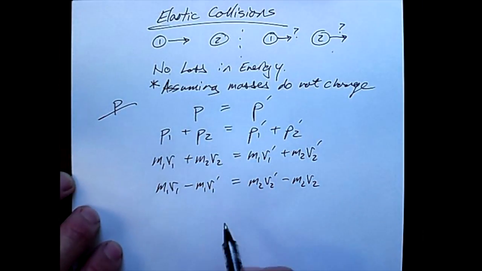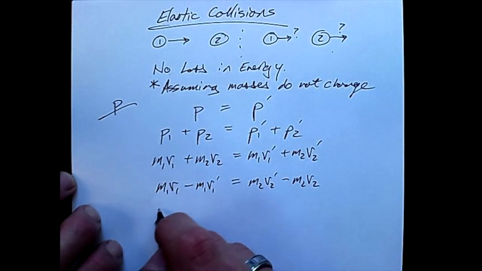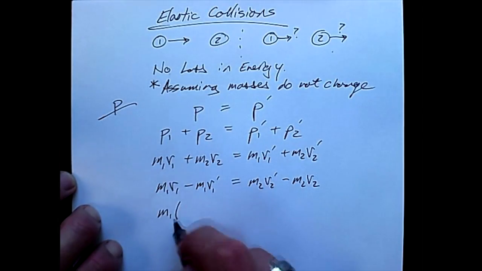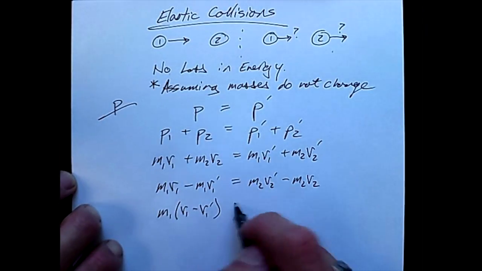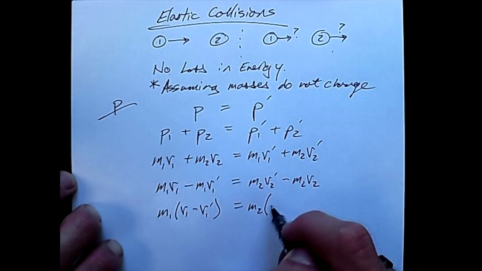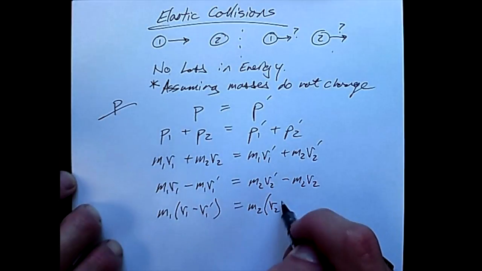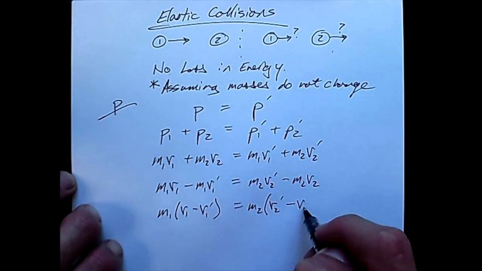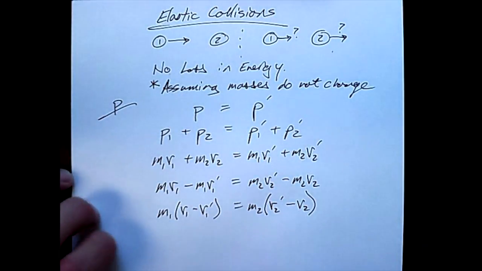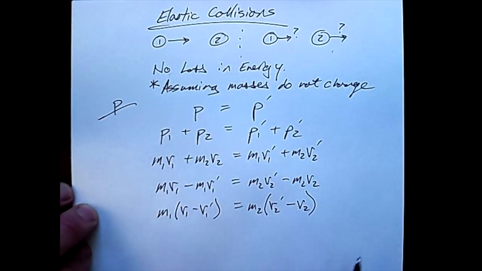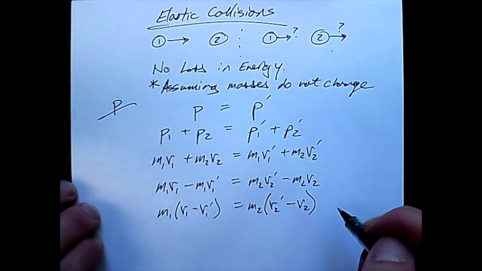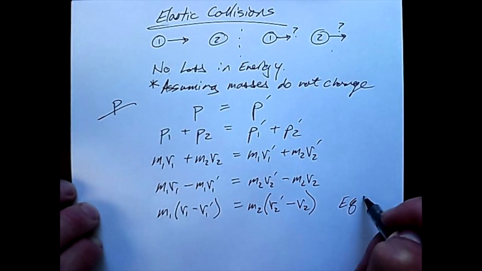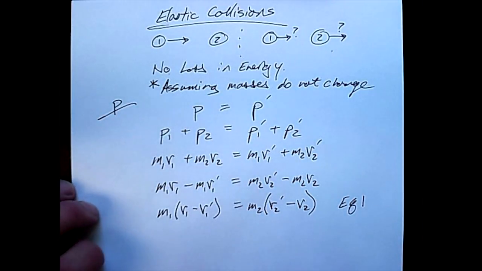We did this basically because we'd like to factor out the mass. So that makes this m1 times the quantity v1 minus its after component equal to m2 times v2 prime minus its original component. That stages up for the next step, so we'll come back to that in just a moment. We'll define this as equation 1, which is derived from momentum.